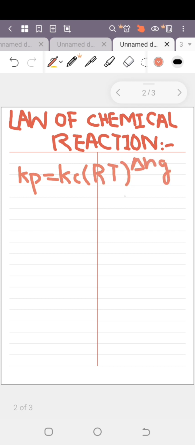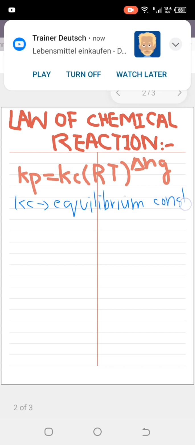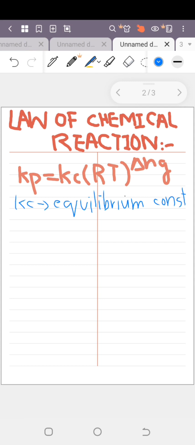In this equation, Kc represents the equilibrium constant.